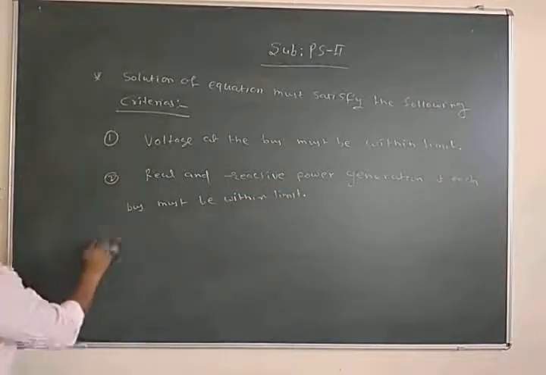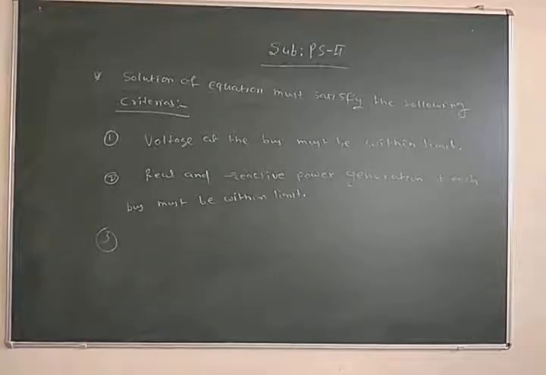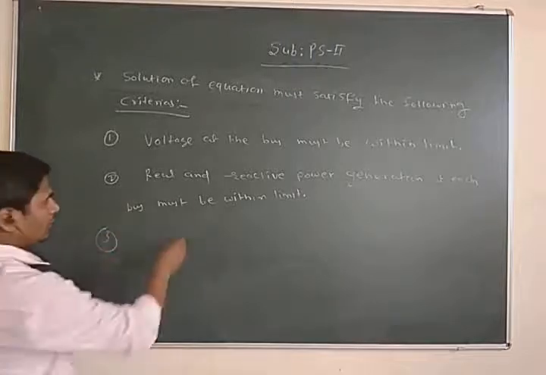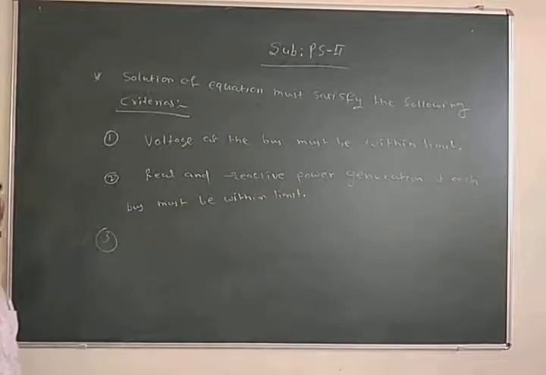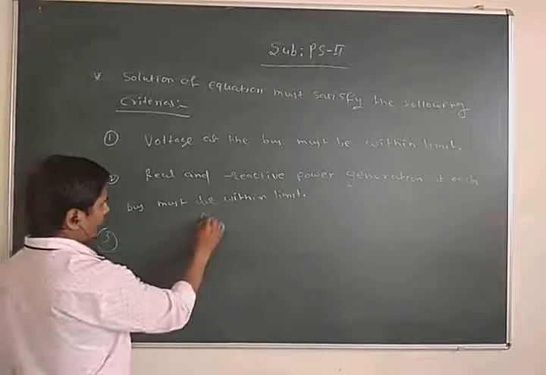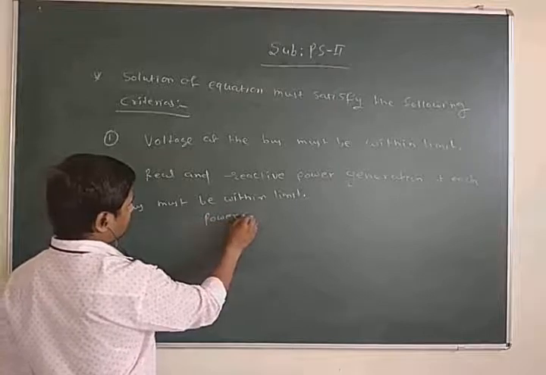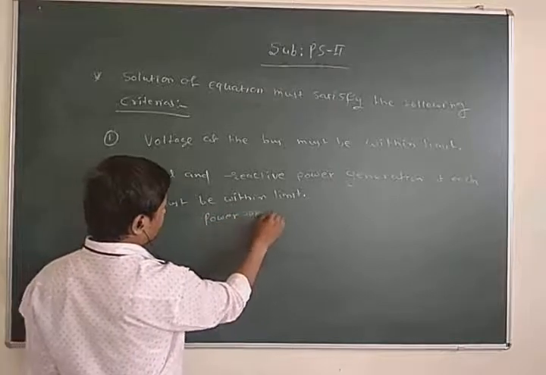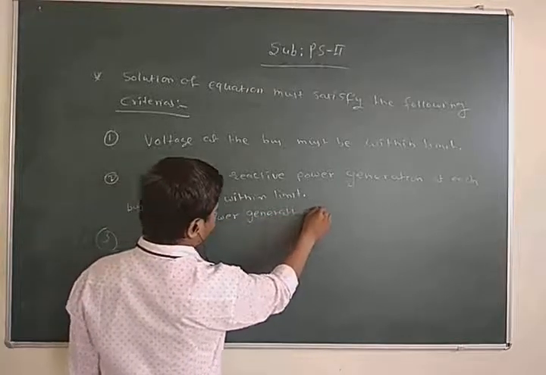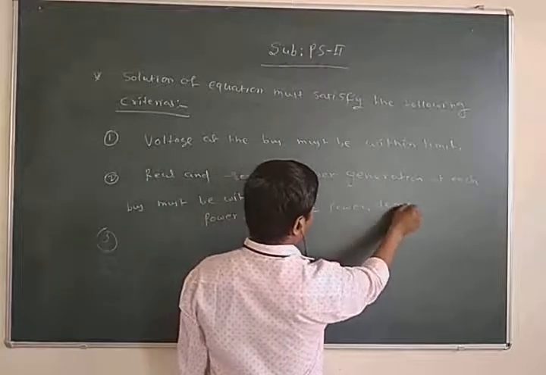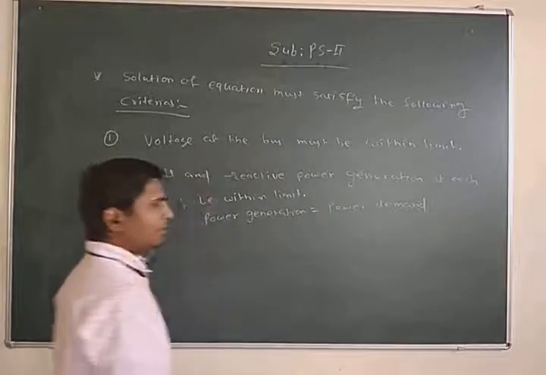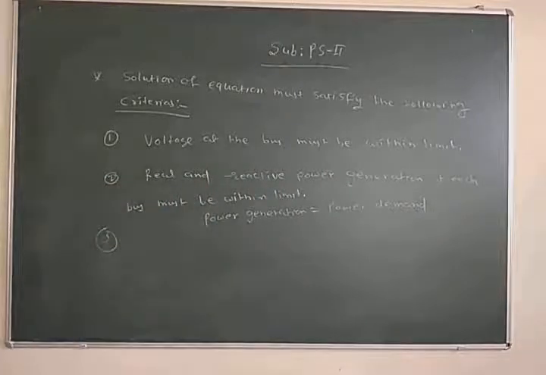And third, angle delta should also be within limit. So we can say the real and reactive power generation at each bus must be within limit, meaning the power generation is equal to the power demand. Generated power should be equal to demand.